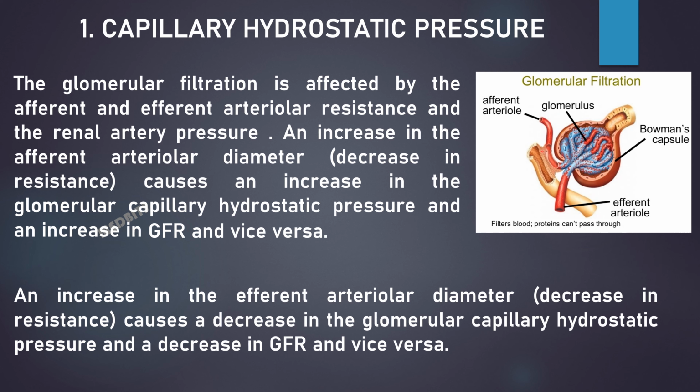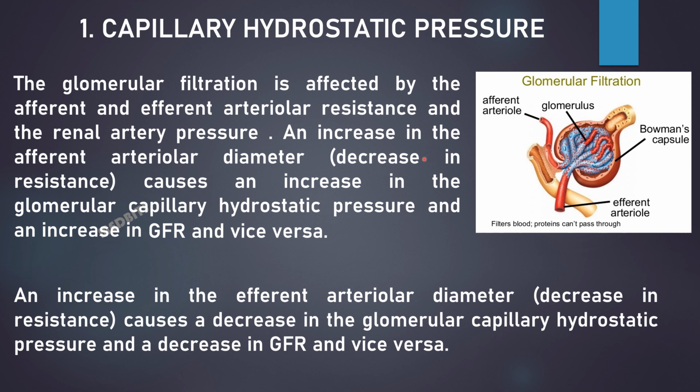Let's look into the case when the afferent arteriole diameter is increased. The afferent arteriole is the arteriole through which the blood is entering the glomerulus or the Bowman's capsule. In case this diameter is increasing, what happens? Naturally, the resistance is decreased.